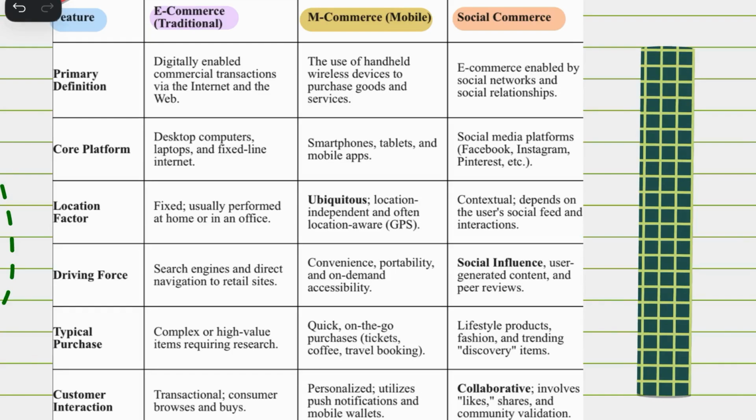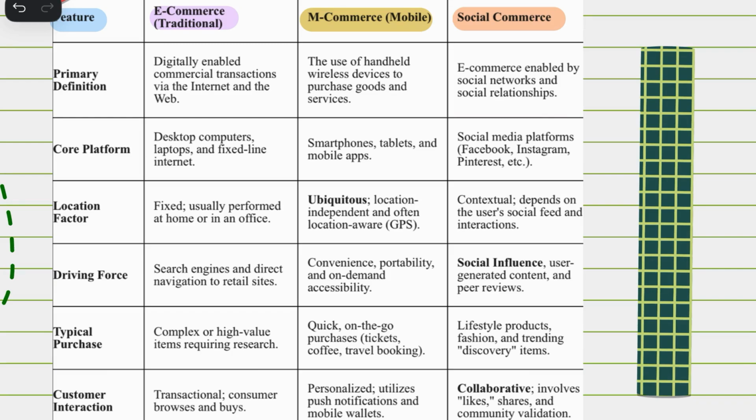Now let's quickly break down the difference between e-commerce, m-commerce and social commerce in a tabular format for your better understanding. E-commerce is the digitally enabled commercial transaction via the internet and the web, whereas m-commerce is the use of handheld wireless devices to purchase goods, and social commerce is where we are enabling social networks and social relationships.